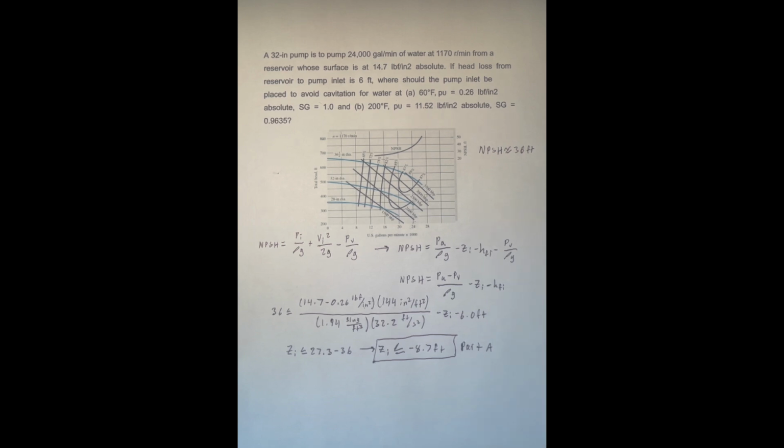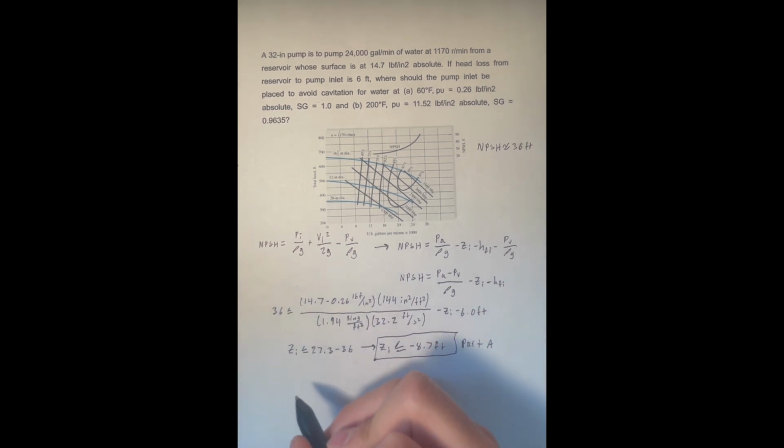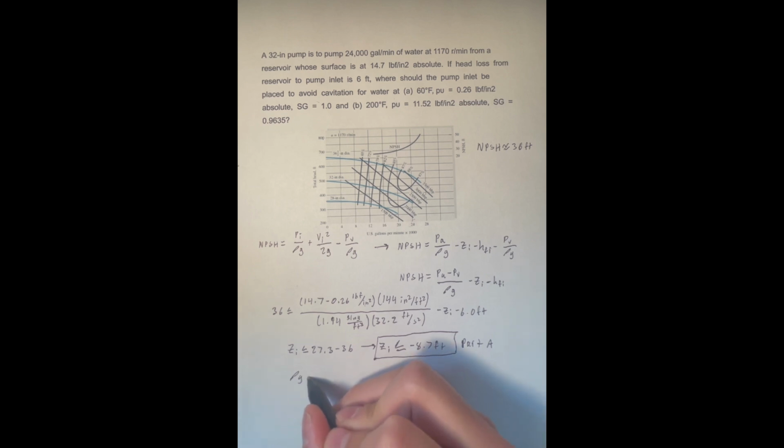So now for part B, we can basically do everything we just did, except in part B, they tell us our specific gravity is equal to 0.9635. So in order to account for that in the next equation, we can do this cool little trick where we take that rho g value from earlier, which is 62.4.